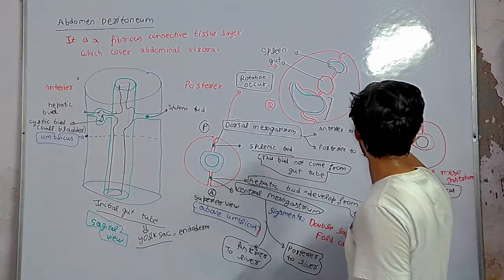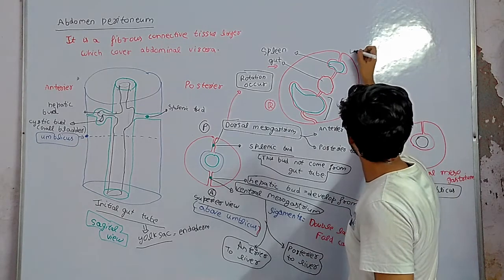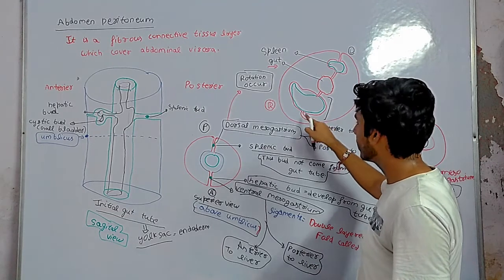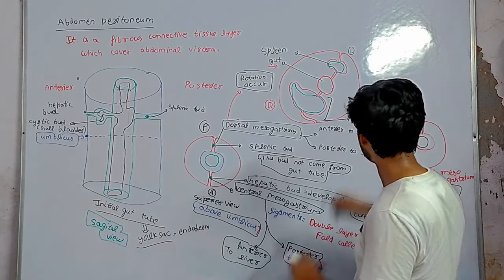So the first important thing is the anterior part of the ventral mesogastrium.